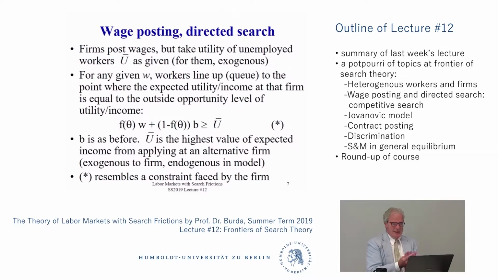The trade-off for the firm when it chooses a wage is: if I set a really high wage, I'm going to get lots of applicants, but I'm going to lose money relative to posting a low wage. It's the same trade-off we had before.